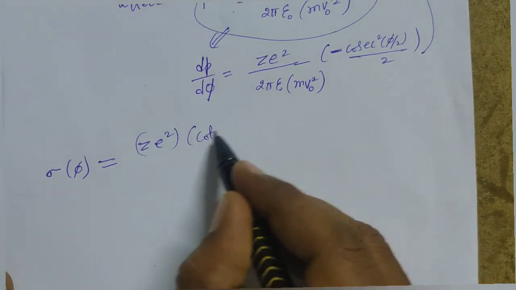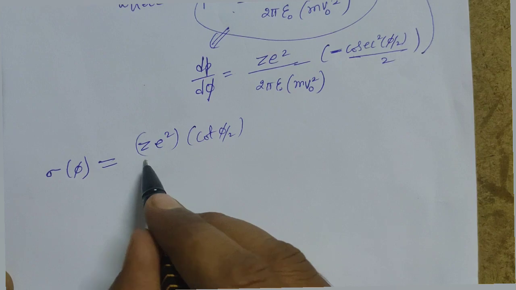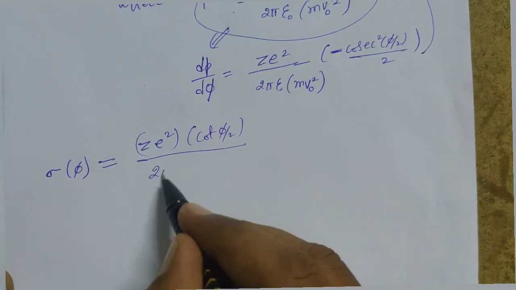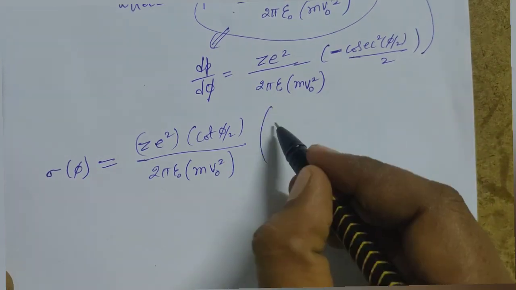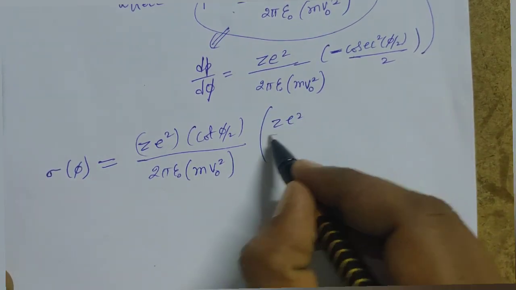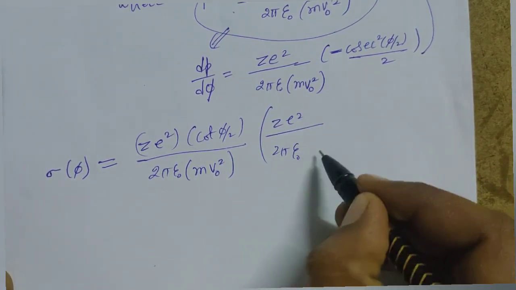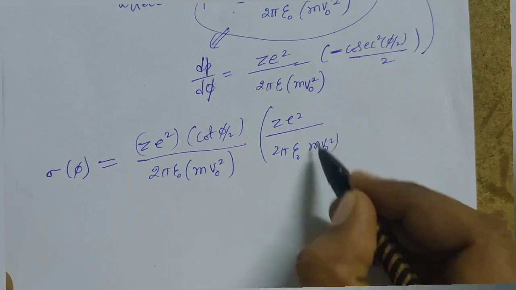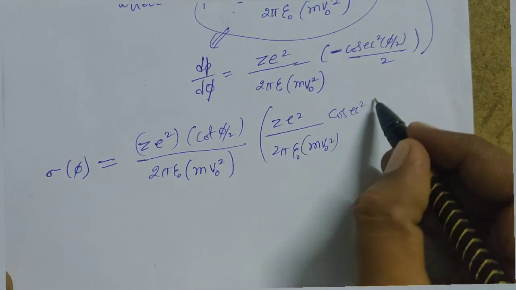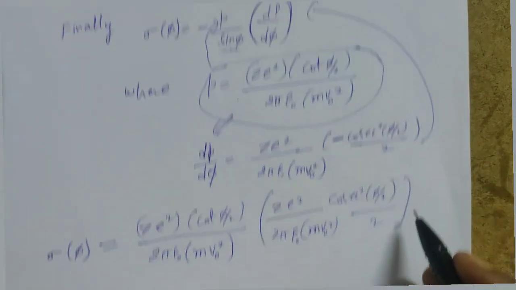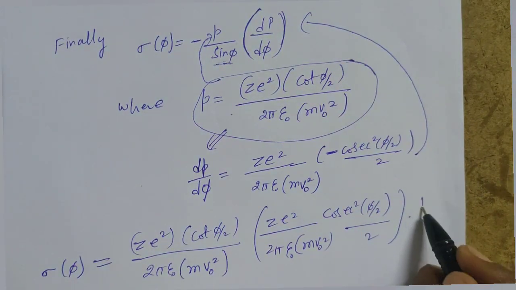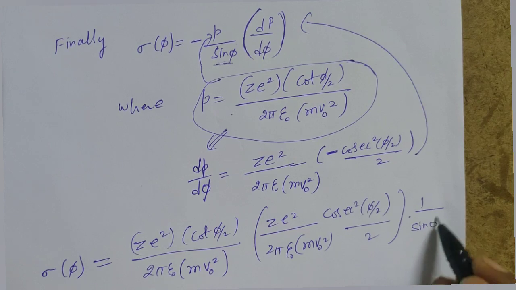And this is ze square divided by 2 pi epsilon naught m v naught square into cosec square phi by 2 divided by 2, and don't forget this sin phi, that is 1 by sin phi.